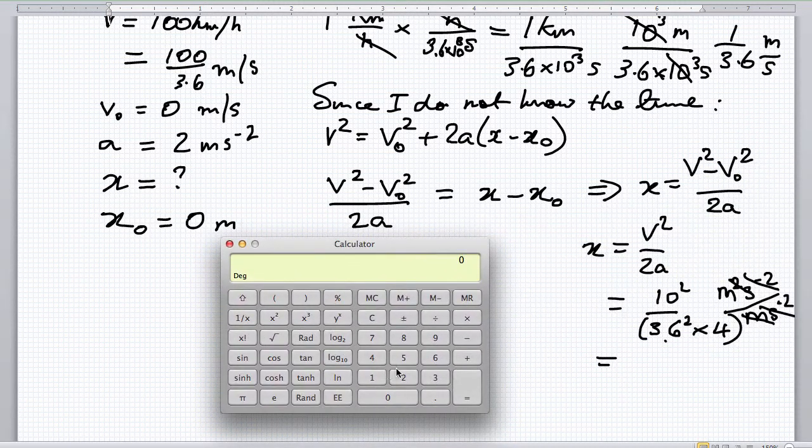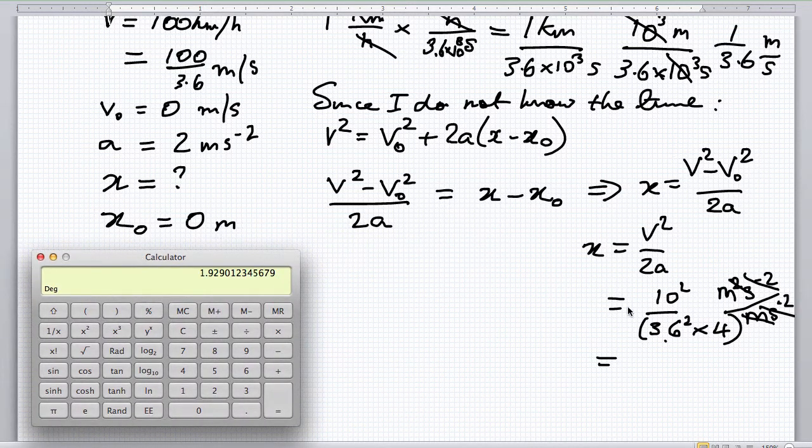So I'm going to do 3.6 times equals times 4 equals, I'll take the inverse and multiply it by 100. So that's 1, well that's not right. I've got a problem here, don't I? What have I done wrong? That should be 10 to the 4th, shouldn't it?